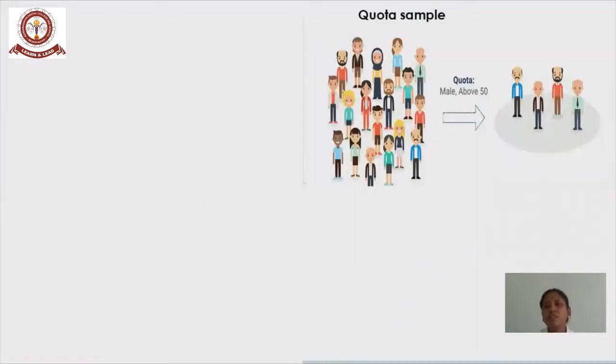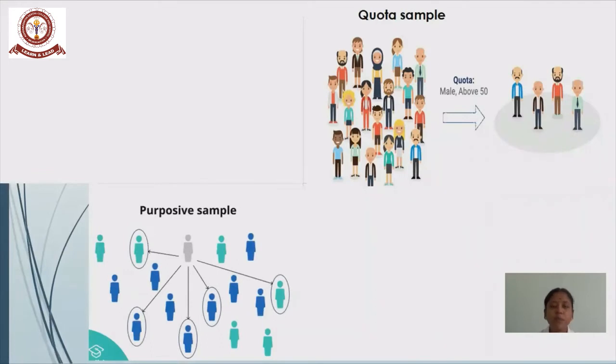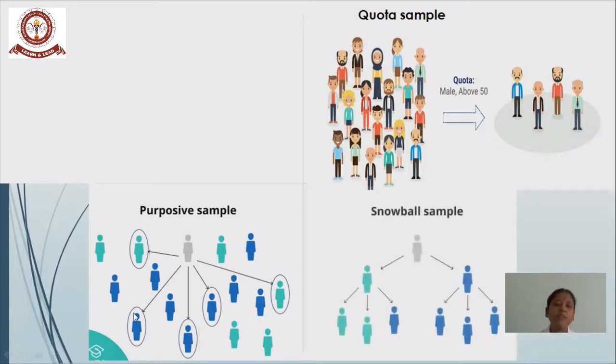Now to summarize, quota sampling means, for example, we have a larger population and we are giving a quota, like males who are above 50 years. So these people will be included in the study. This is a type of quota sample. Next is the purposive sample. Here we are handpicking who we should select in the final study. Next is the snowball sample. First we'll be working in a hidden population.